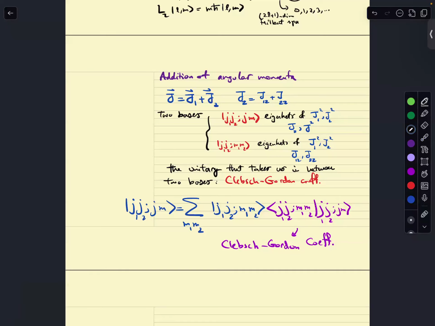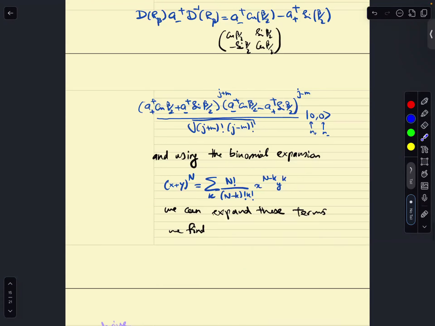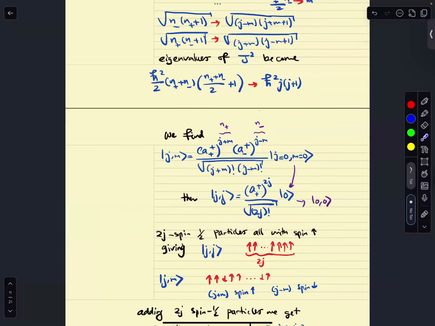Good. And then today, what we did was we redid this whole representation theory of SU(2) for spin using the two simple harmonic oscillators, A plus and A minus. So the master equations were these relations.